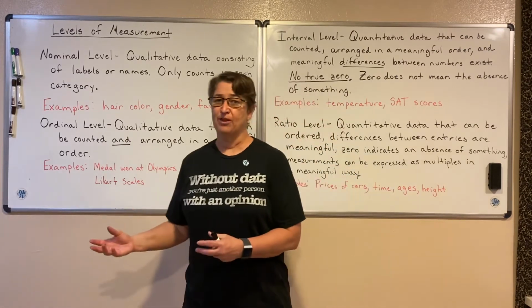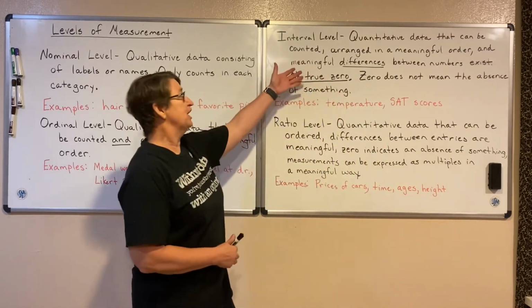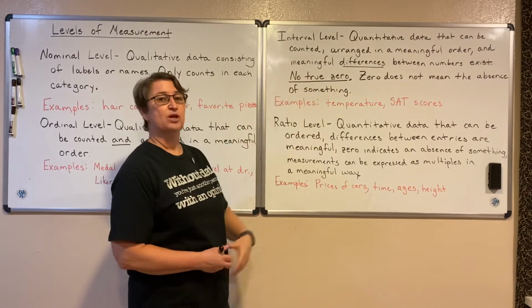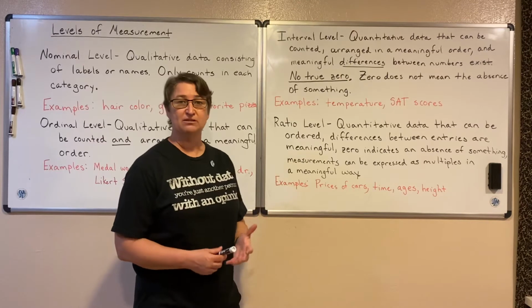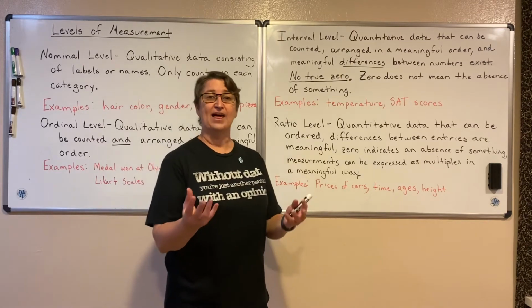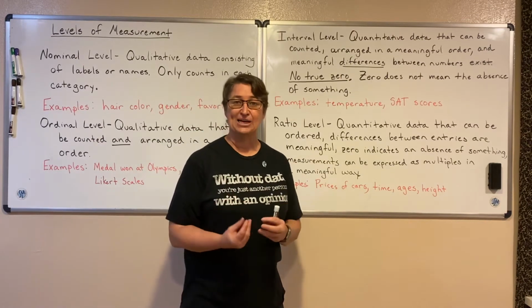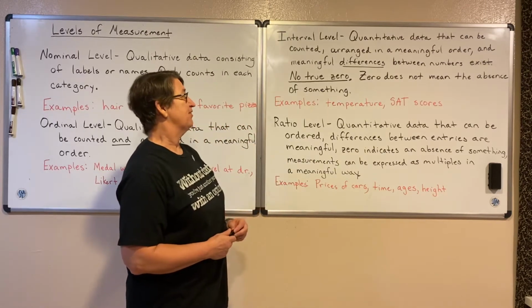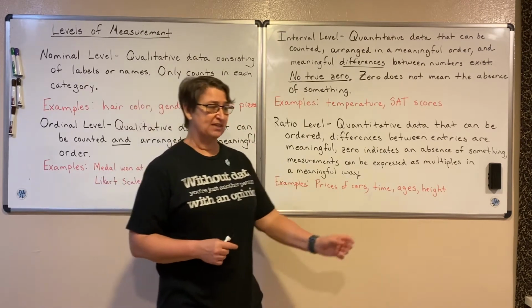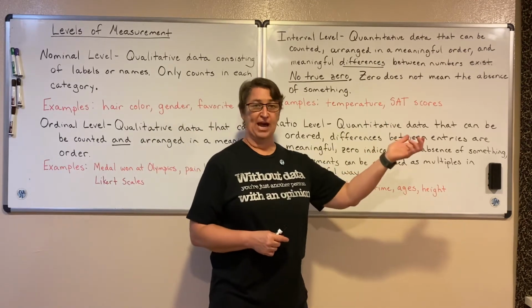We move up from there to our interval level of measurement. With our interval level of measurement, we are now looking at our quantitative data, that data that actually counts or measures something. So this quantitative data can be counted, in other words, I can still see how many are in each category.